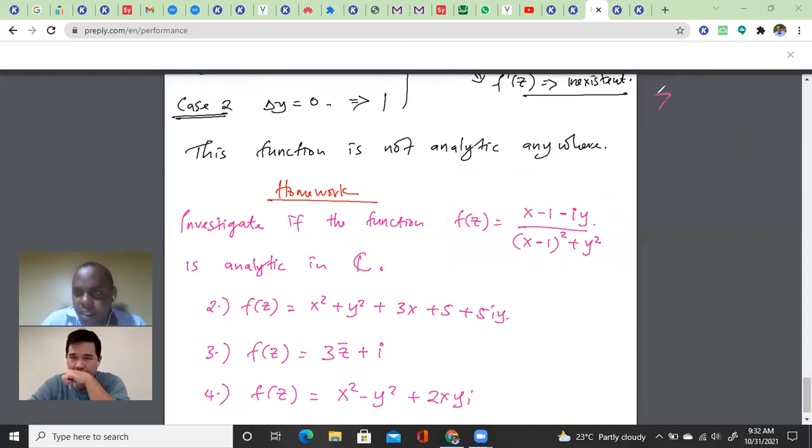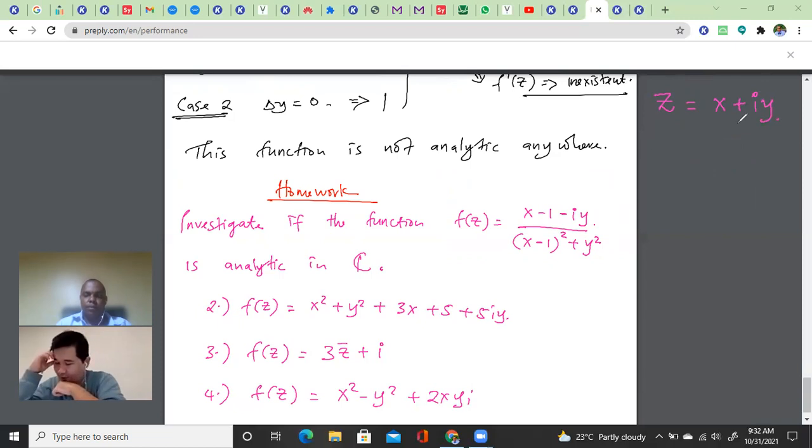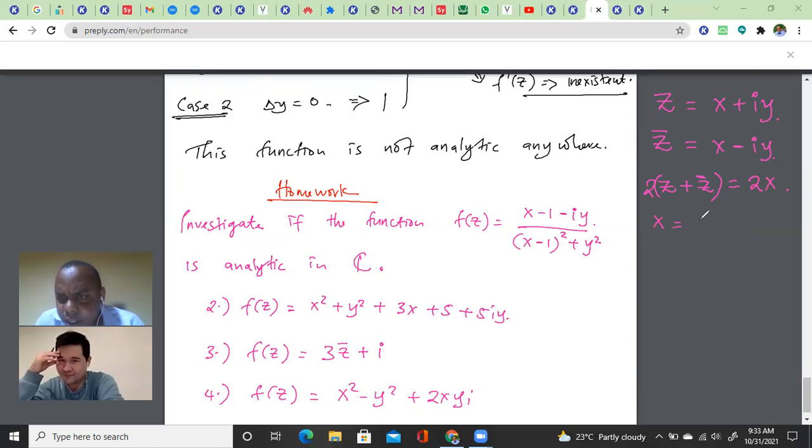So realize z is always equal to x plus iy, right? And then z bar, you get what I'm trying to do? Yes. If you add them up, you're going to get 2x equals z plus z bar. It means that x equals z plus z bar divided by 2.